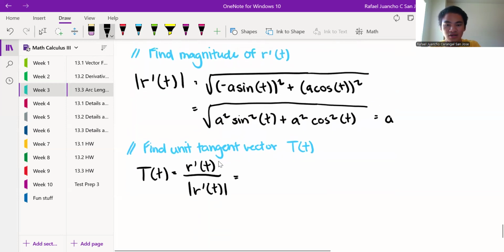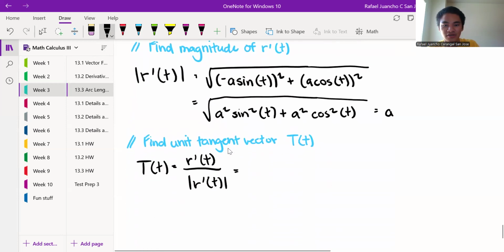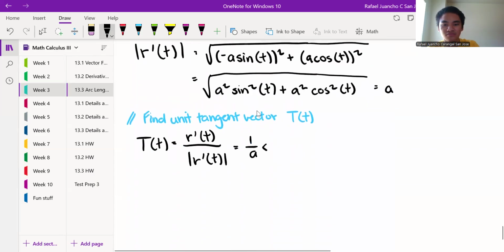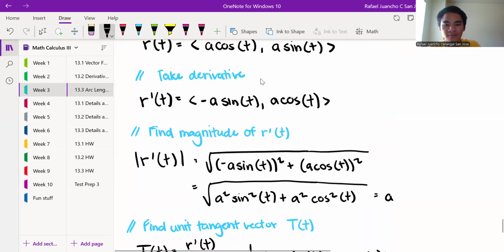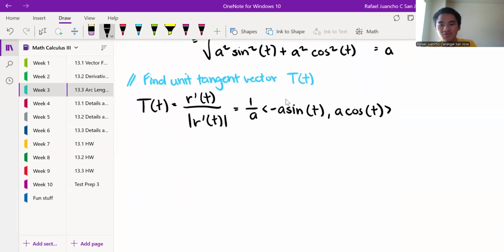How do we do this? We already have 1 over a, and we multiply it to its derivative here, negative a sine t, a cosine t. If we multiply it, what do we get? Negative sine t. I should have added the arrows. So here we get negative sine t.